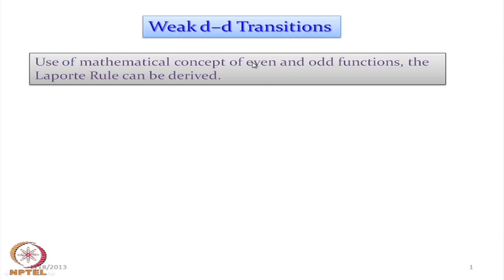They can be considered, or some s orbital or p orbital. So, we have the even and odd functions related to these transitions, which can be controlled by the rule known as the Laporte rule, and the Laporte rule is derived from that mathematical concept of even and odd functions related to the dd transitions.